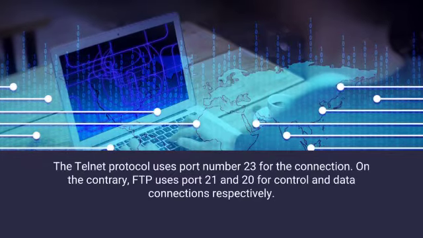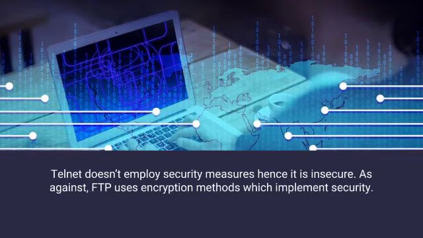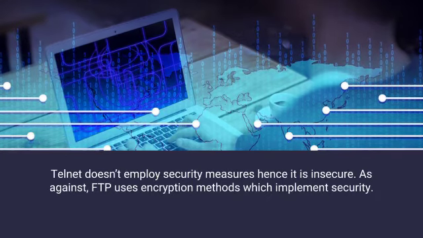The Telnet protocol uses port number 23 for the connection. On the contrary, FTP uses ports 21 and 20 for control and data connections respectively. Telnet does not employ any security measures. Hence, it is an insecure platform.